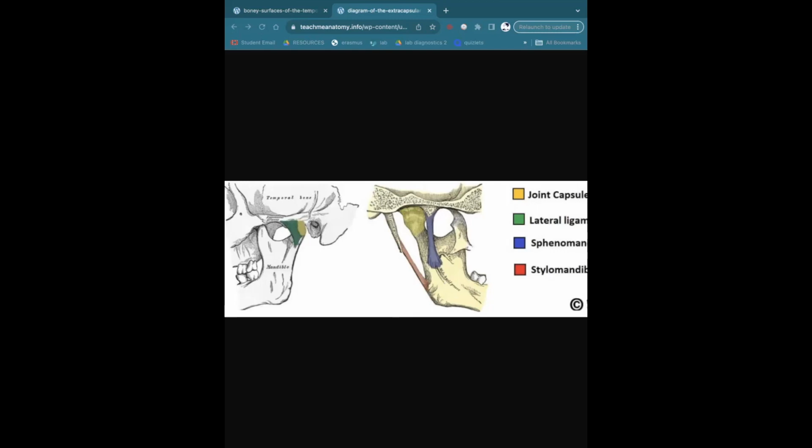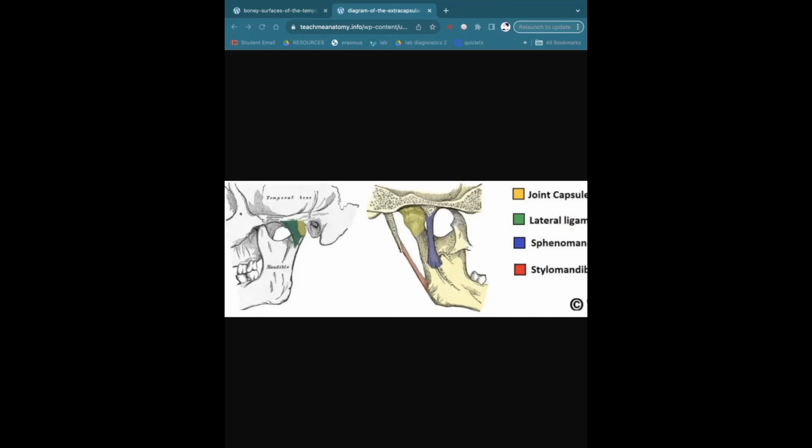What does it mean, thickening of the joint capsule? So the joint capsule is this, okay? Do you see my mouse? Mm-hmm. And the lateral ligament is from here to here. So basically it thickens it. See what I mean? Yeah.